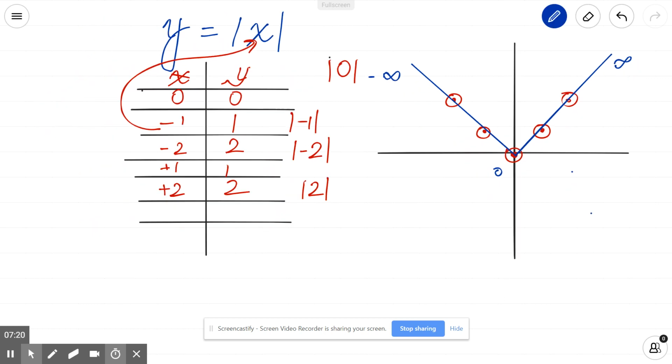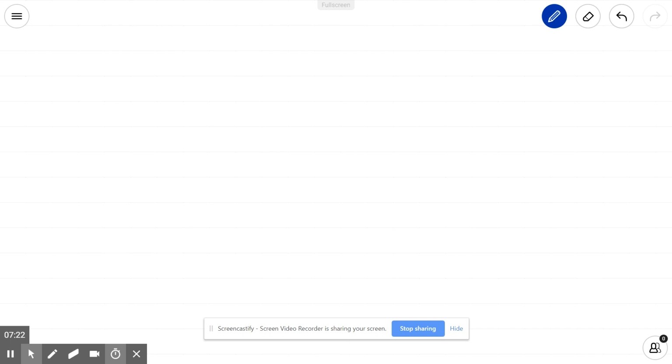All right, so let's clear this off, and we are going to have the transformations. That's our next concept under absolute value itself. Transformations of absolute value functions.